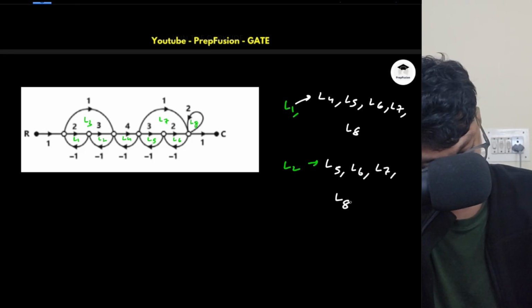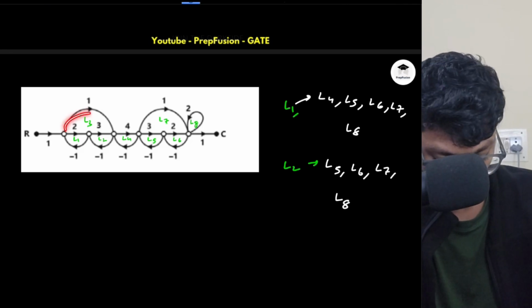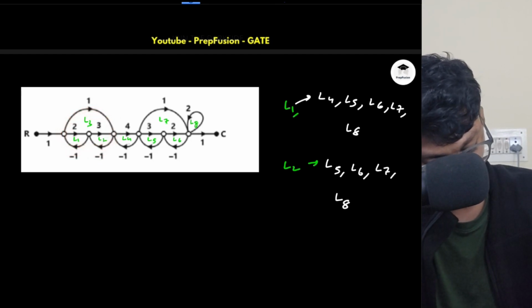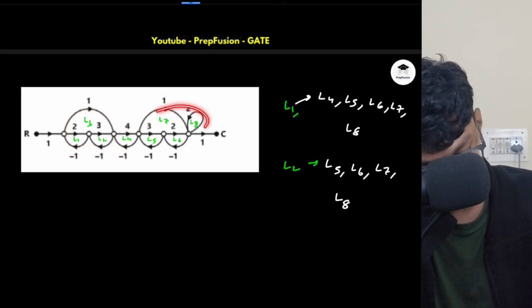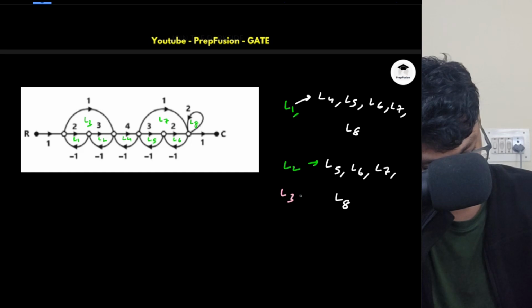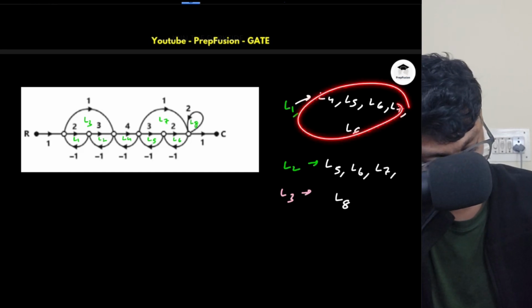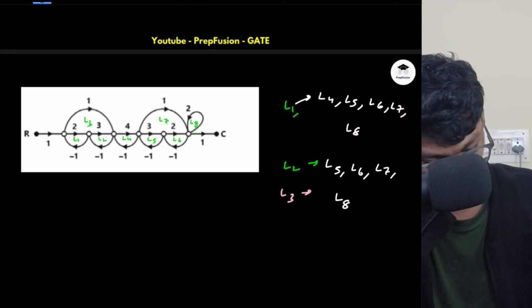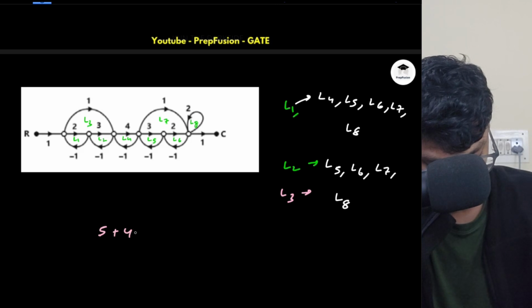Now, what about L3? For L3 as well, it will be the same, except L4, everything else. So it is 5 plus 4 plus 4. So it is 13 currently.